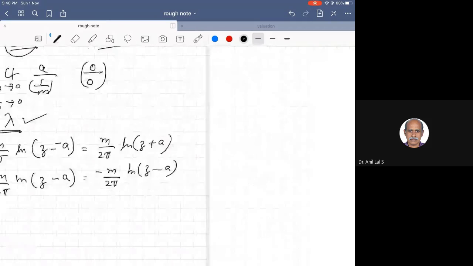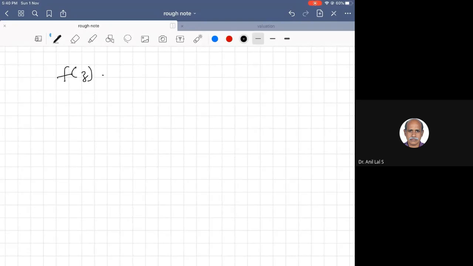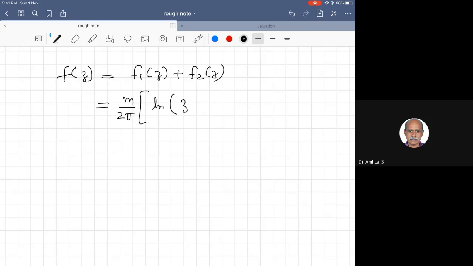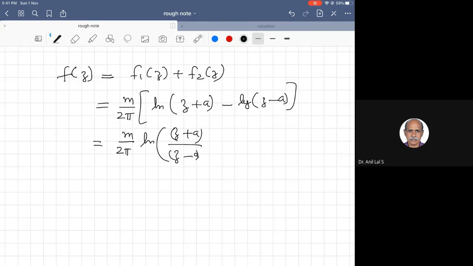By the method of superposition we can write f of z for the so-called source-sink pair as f1 of z plus f2 of z, that becomes m by 2 pi common, logarithm of z plus a minus logarithm of z minus a, which will become m by 2 pi logarithm of z plus a divided by z minus a, and this we write as m by 2 pi logarithm of 1 plus a by z divided by 1 minus a by z, by dividing z from numerator and denominator.